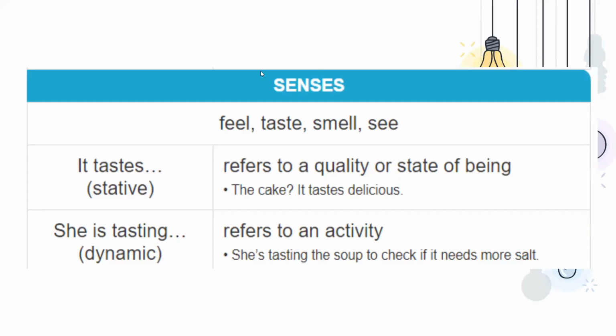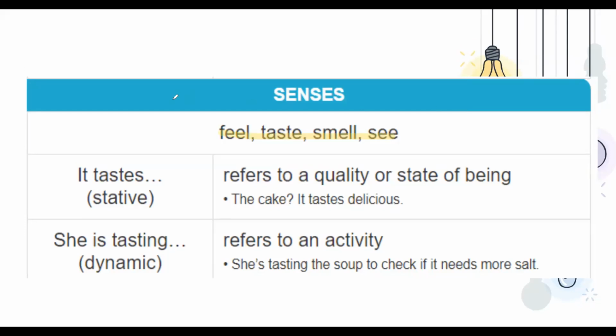Like I said before, except for the word hear, the other senses are perfectly fine to use with ing. So for example, it tastes refers to a quality. The cake tastes delicious. So I'm talking about the flavor of the cake. But she is tasting refers to the person doing the activity.